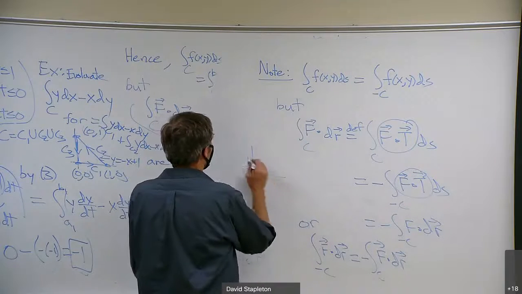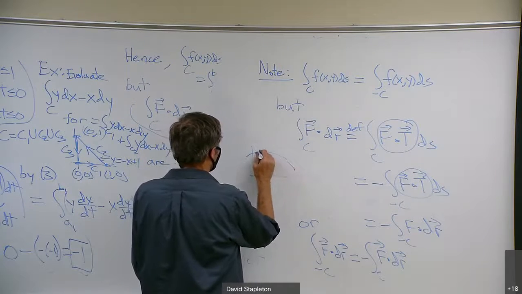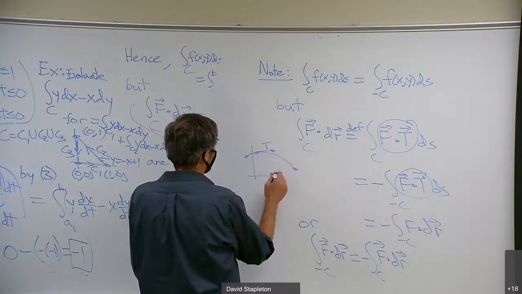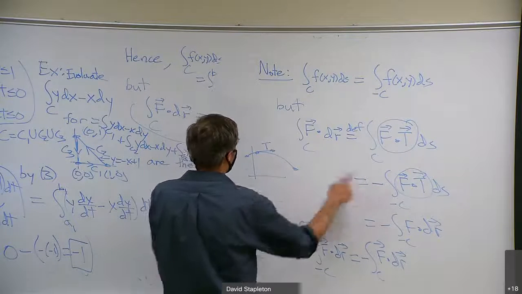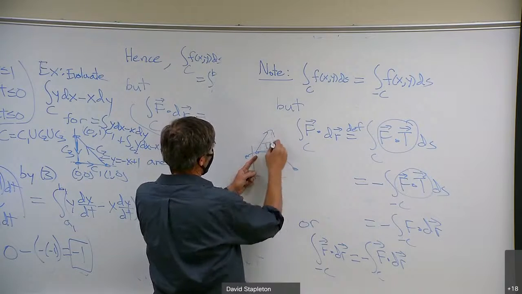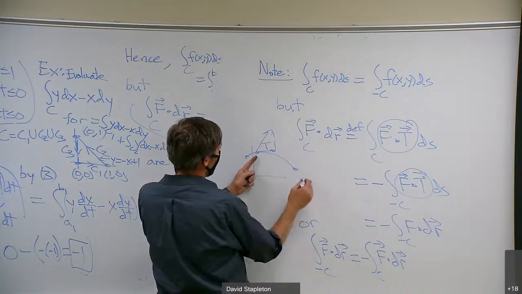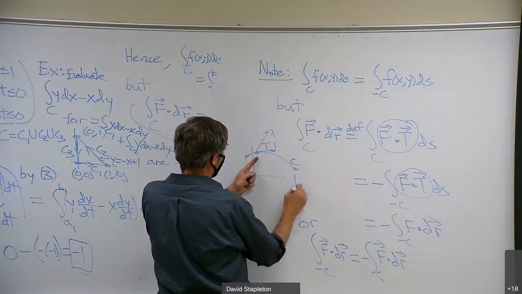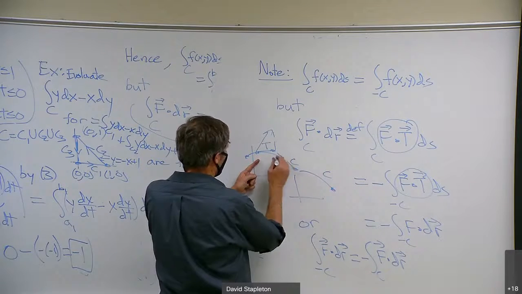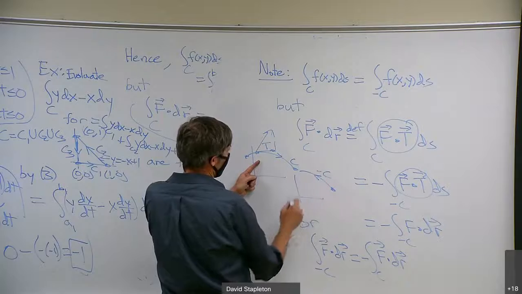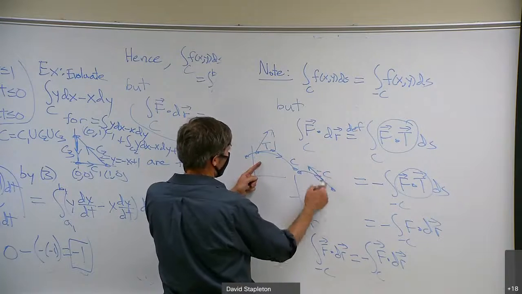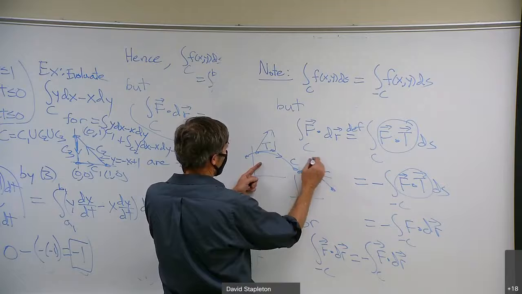If you're moving this way, t is a unit tangent vector in this direction, from this point to this point, and so f dot t, if your force field is like this, will have the projection in this direction. So it's along c. But if you're moving in the opposite direction along the curve, you call that curve minus c. Then t goes this way. It's always tangent in the direction you're moving, right? Here's t.